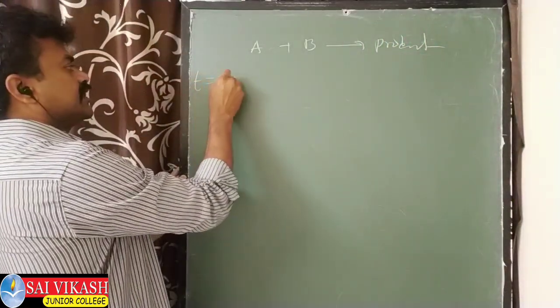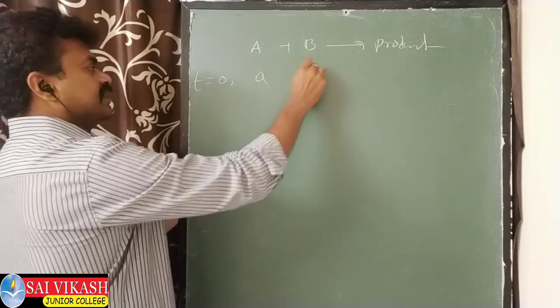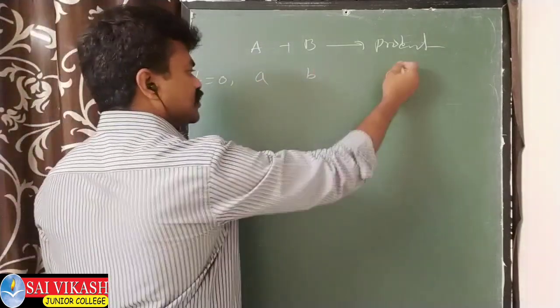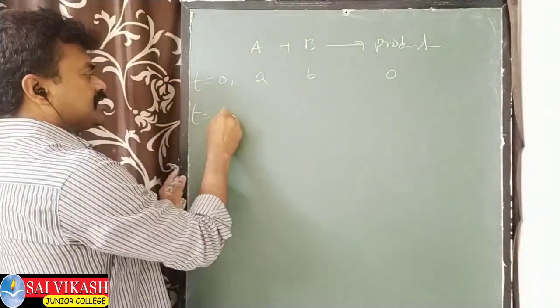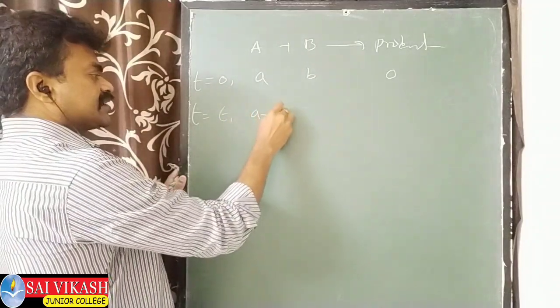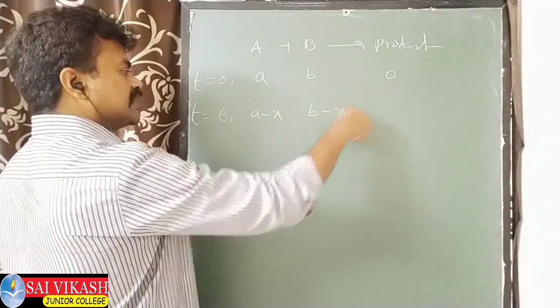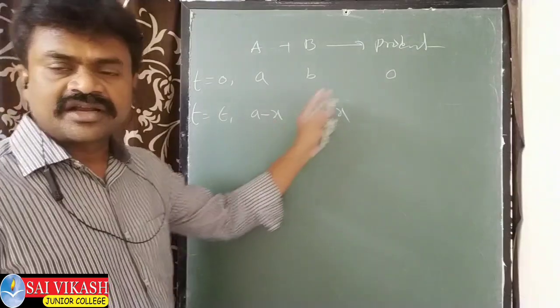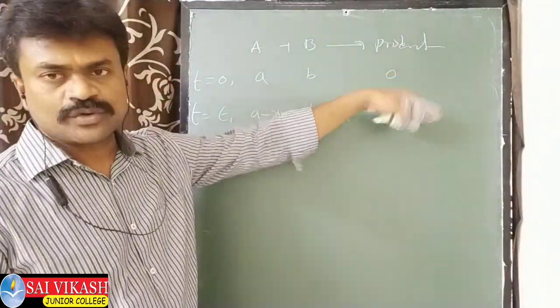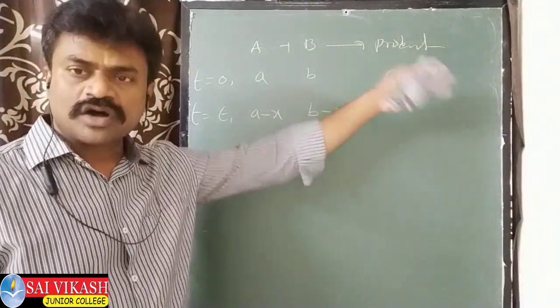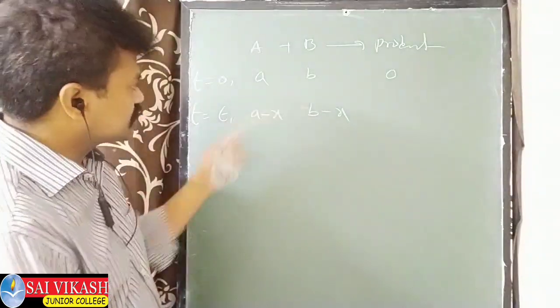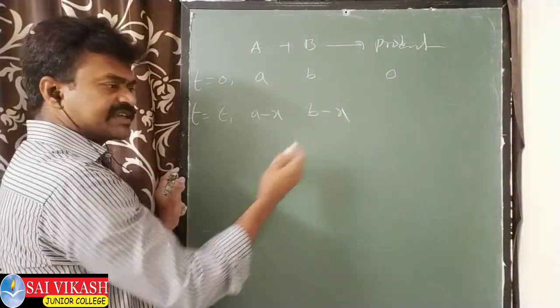Initially at time t equal to 0 it is A, this is B, this is 0. When time equal to t, x is gone from A, and x is also gone from B. How much product is forming we don't know, and we don't need it. So here also the change in concentration is x only.